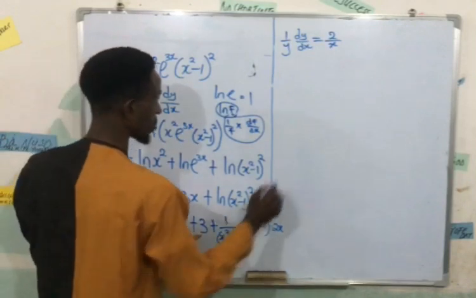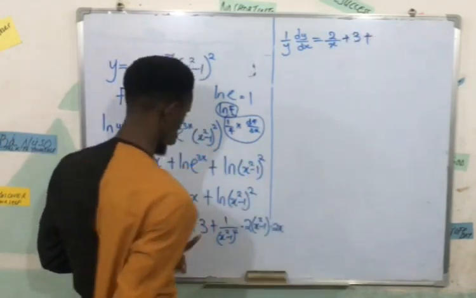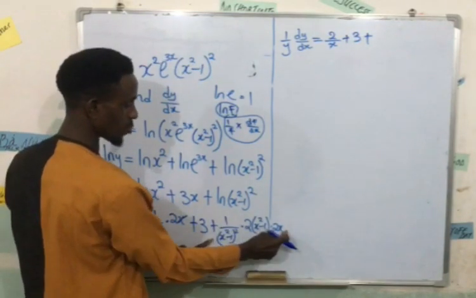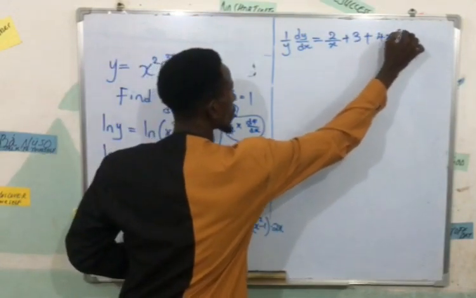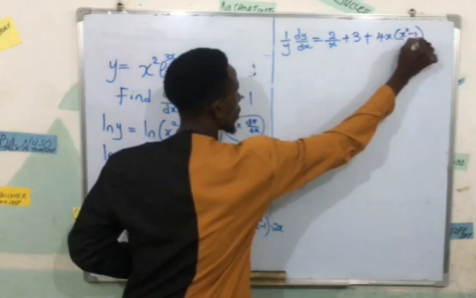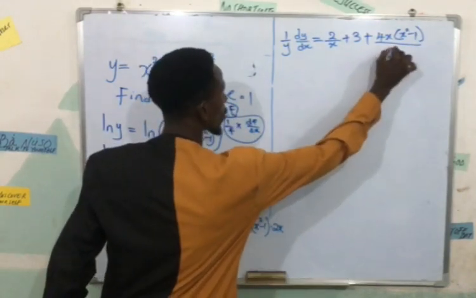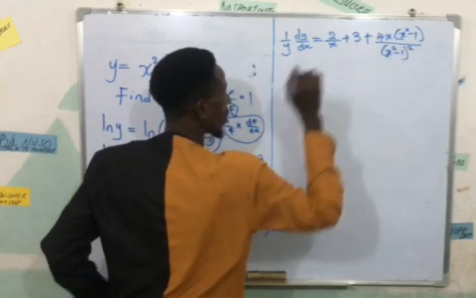Then this is just 3, plus, if I multiply this, 2 times this gives me 4x. So I have 4x into (x squared minus 1) all over (x squared minus 1) all squared.